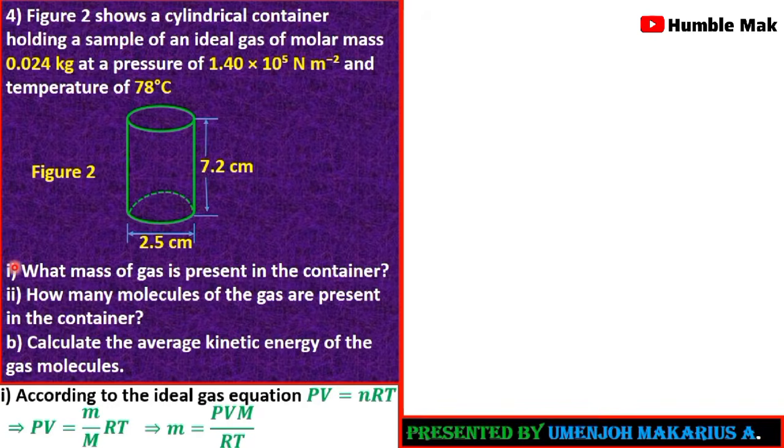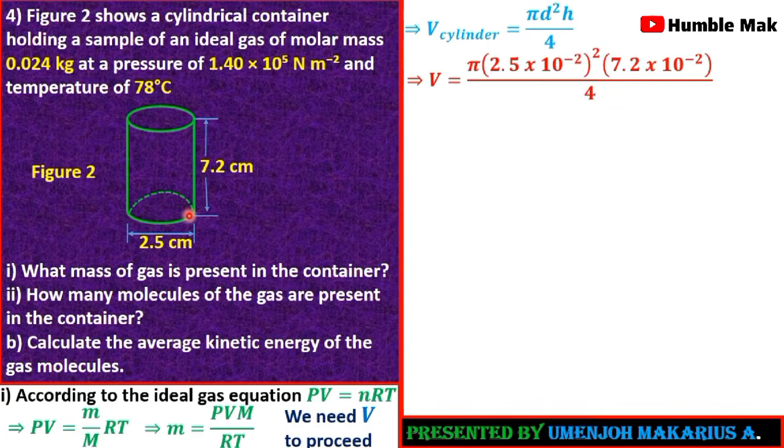But we can get it, knowing that the volume of a cylinder in terms of its diameter is given as V equal to pi d squared over 4 times h. Knowing that we have these values in centimeters, we must convert them to meters. So if we substitute our values, we have pi, the diameter is 2.5 times 10 raised to the power negative 2 to put it in meters, doing the same thing for h, all over 4.